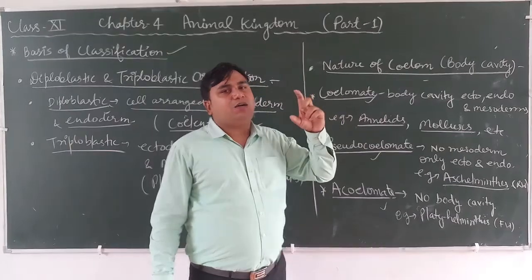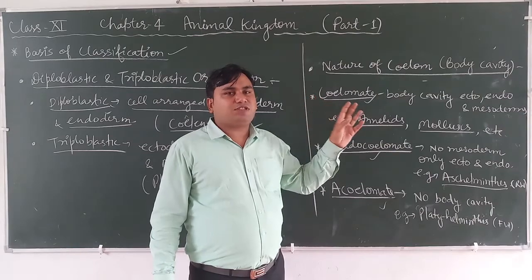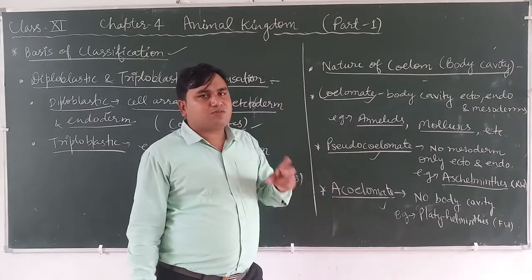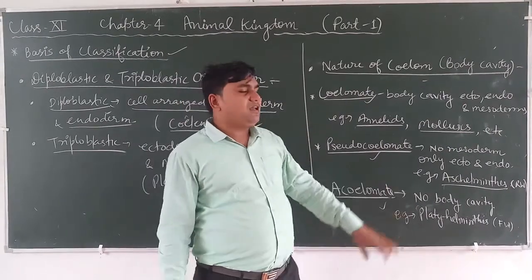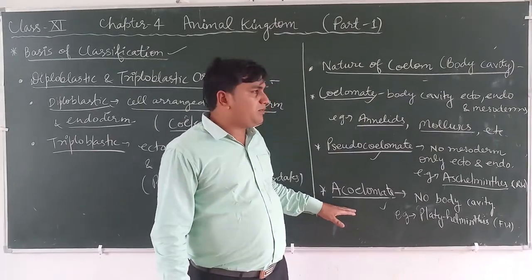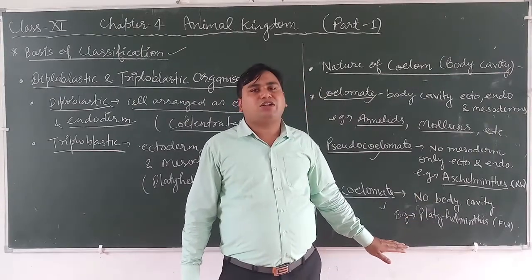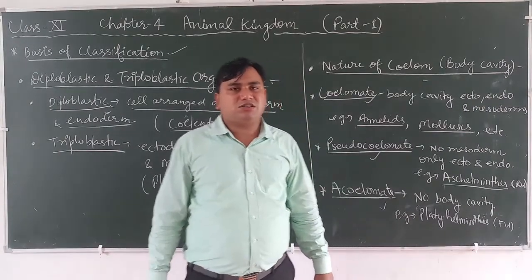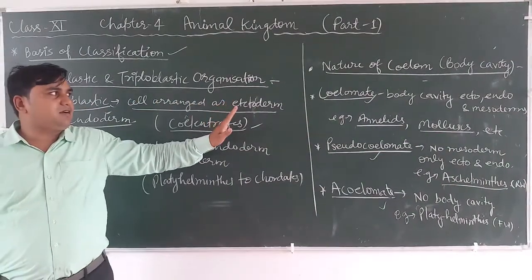Coelomate mein kya hota hai? Body cavity of any organism is in three parts: ectoderm, endoderm and mesoderm. Example: Annelida, mollusca, arthropod, etcetera. And pseudocoelomate, in it mesoderm is not found, only ectoderm and endoderm are found. Example is Aschelminthes, that is known as round worm. Last, acoelomate. A means absent, coelomate absent, no body cavity found in organism. For example, platyhelminthes, that is known as flat worm. This is about diploblastic and triploblastic organization and nature of coelom.